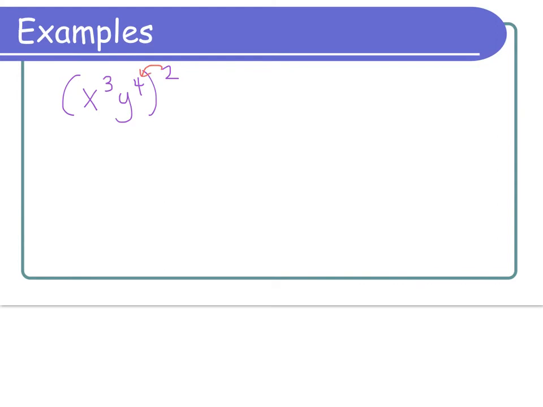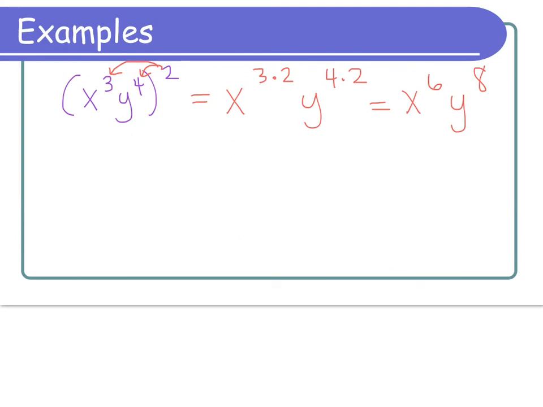But what about the other power? You're right if you thought that it should multiply to that one as well. The power on the outside of the parentheses will be multiplied with all exponents inside the parentheses. So we'll get x to the 3 times 2 and y to the 4 times 2. So x to the 6th, y to the 8th.